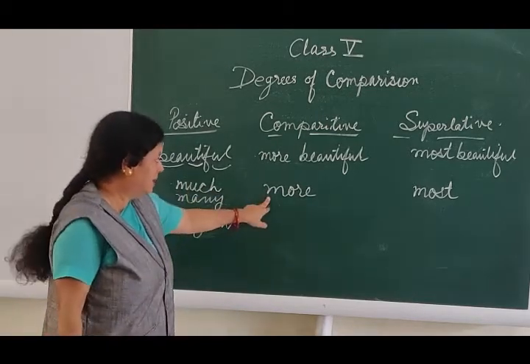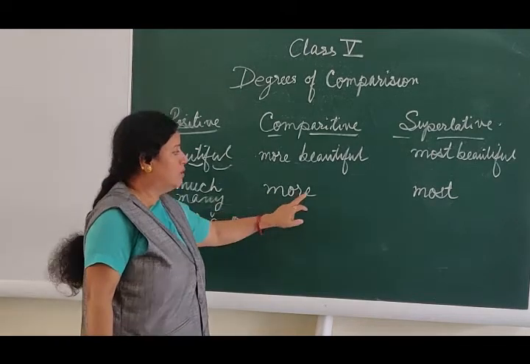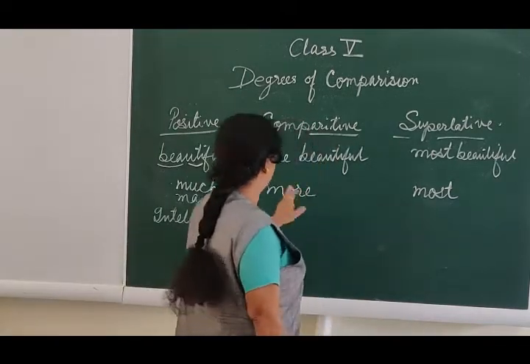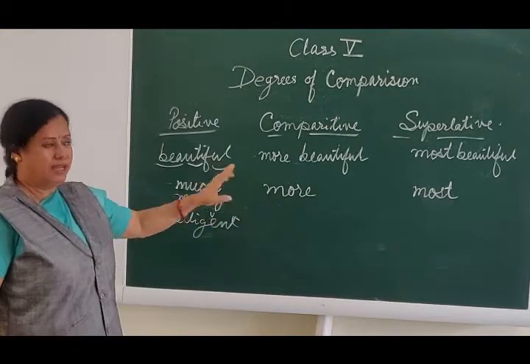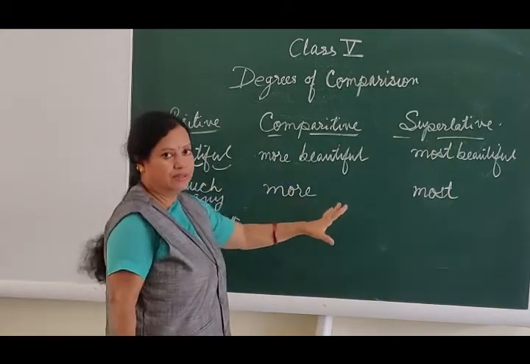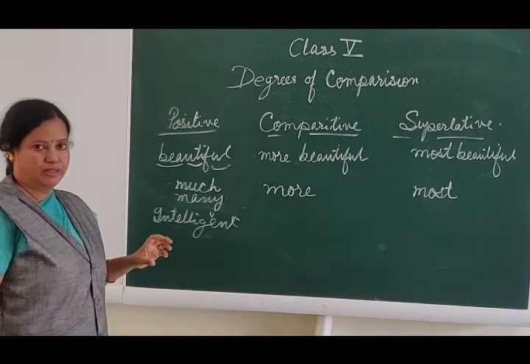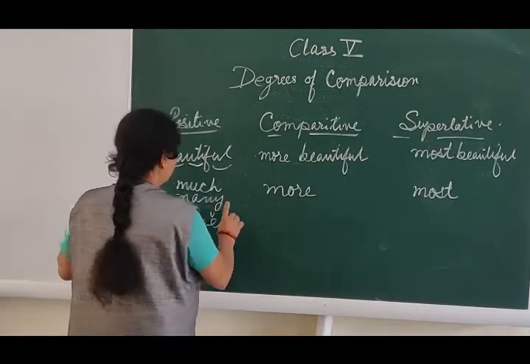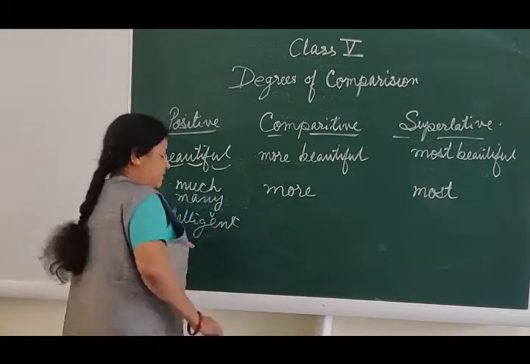But again, for the comparative and superlative degrees we use the same more, most. Many, more, most. Many beautiful girls, more beautiful girls, most beautiful girl. So here: many, more, most.